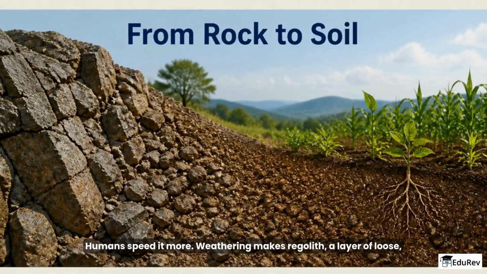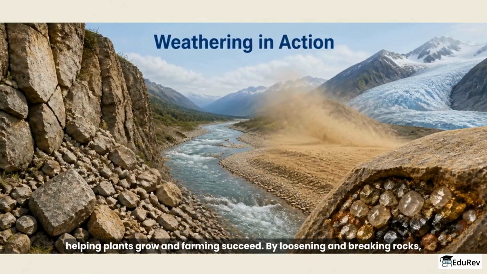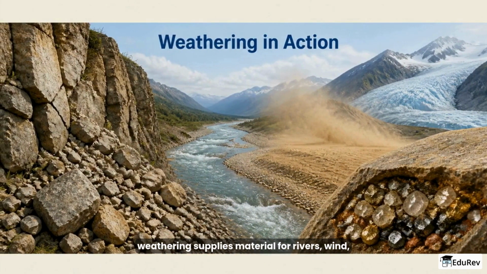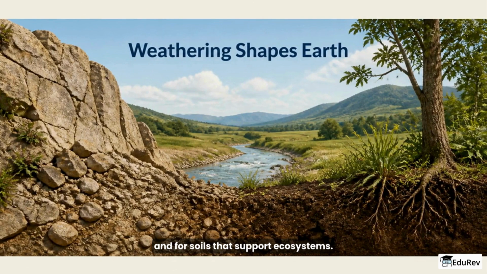Weathering makes regolith, a layer of loose, broken rock that is the raw material for soil, helping plants grow and farming succeed. By loosening and breaking rocks, weathering supplies material for rivers, wind, and glaciers to carry, and concentrates useful minerals near the surface. Weathering is the base for long-term landscape change and for soils that support ecosystems. So it shapes places where people and plants live.